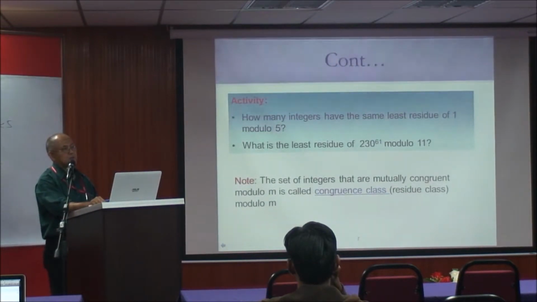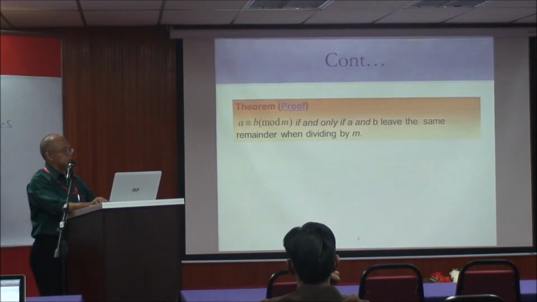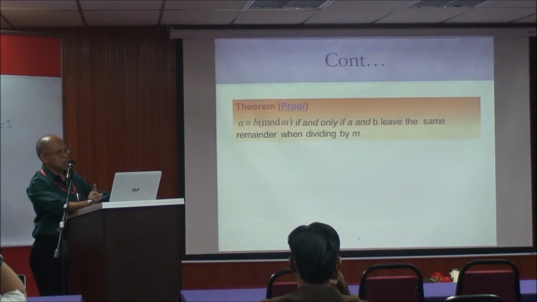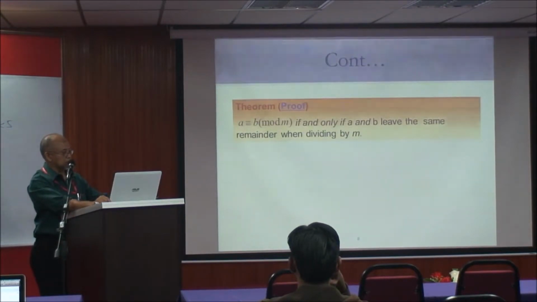In that class or set, 1 definitely is inside, and then the next one will be 6, and then the rest will be 1 plus multiples of 5, right? Those are integers which will be in this congruence class modulo 5, which are congruent to 1. And then there are some other congruence classes. How many congruence classes can you get for modulo 5? There are exactly 5 congruence classes modulo 5. In that class, it satisfies the condition that a is congruent to b mod m, meaning that a and b are in the same congruence class. If m is equal to 5, 6 would be in the same congruence class as 1, as 11, and the rest of the numbers, which are 1 plus multiples of 5.